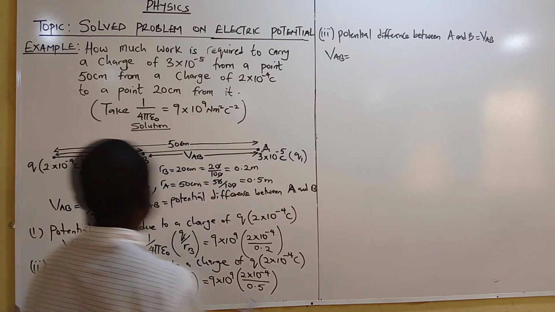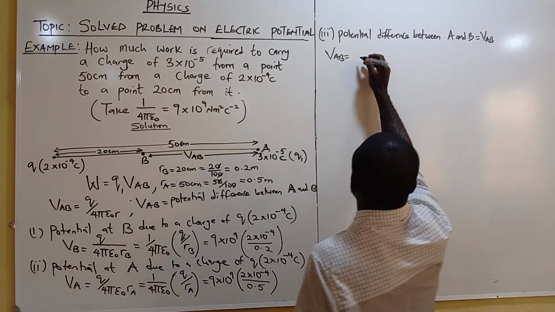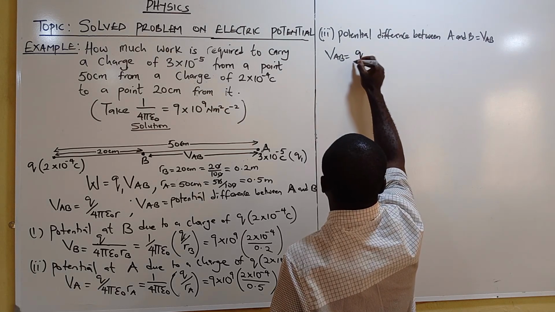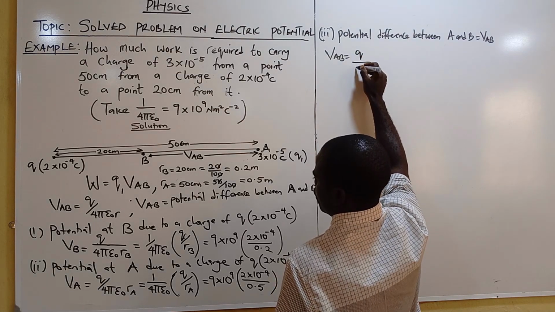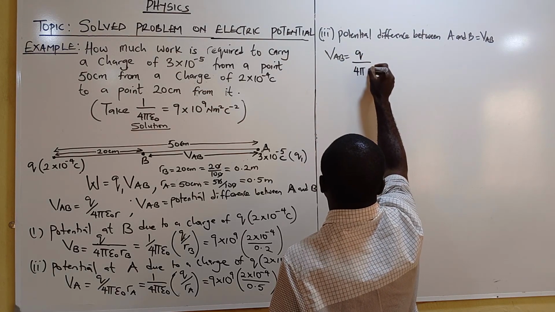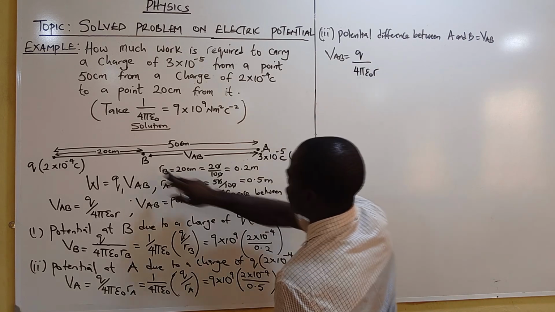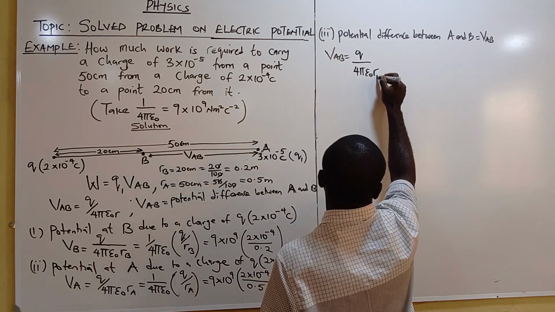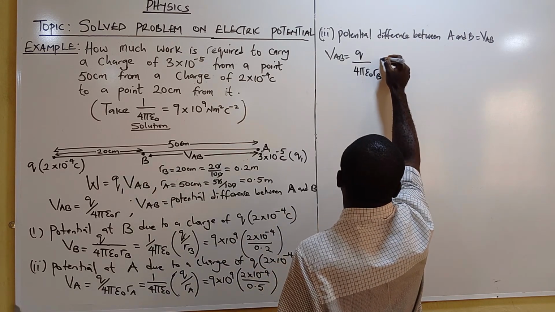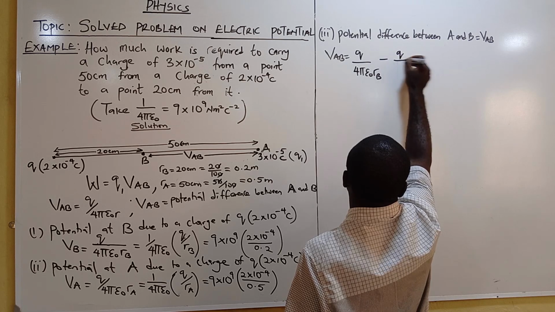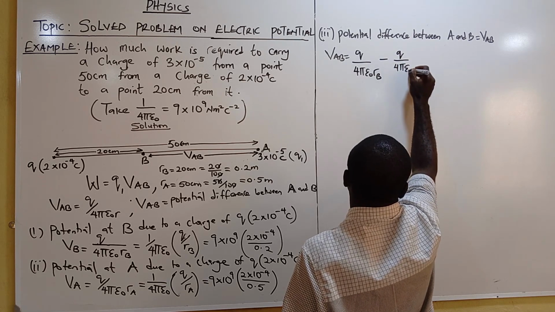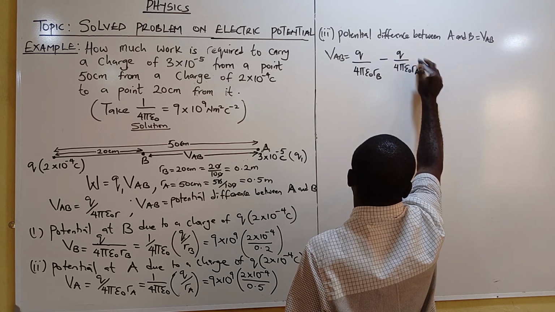Is that okay? Now you have Q over 4 pi E naught R. Pick this one for B because of higher potential, minus Q over 4 pi E naught RA.